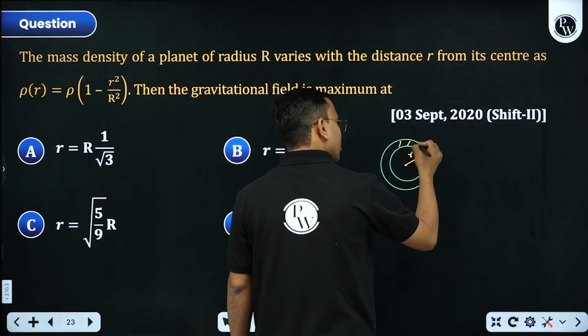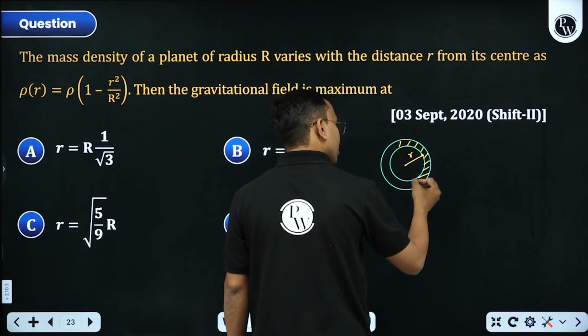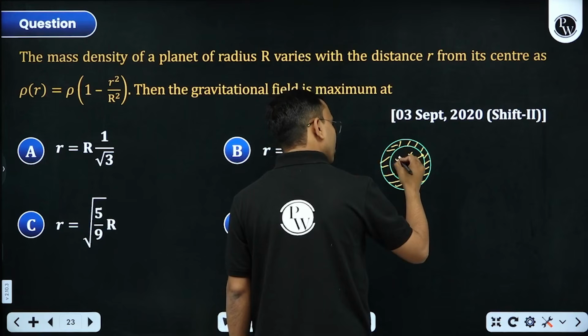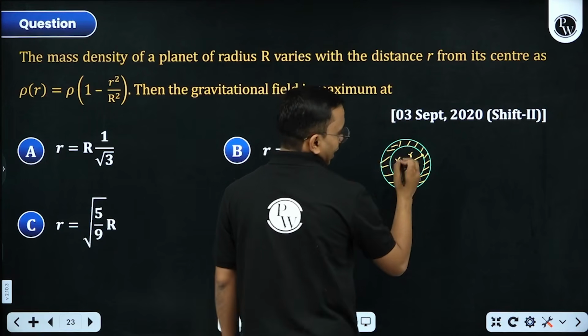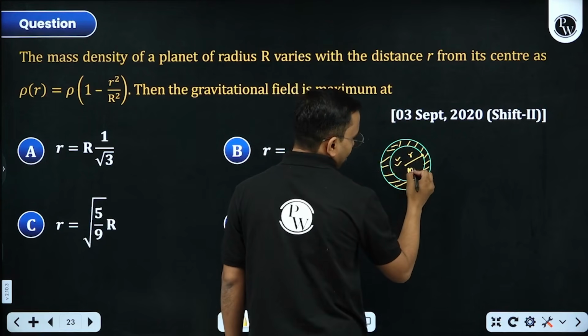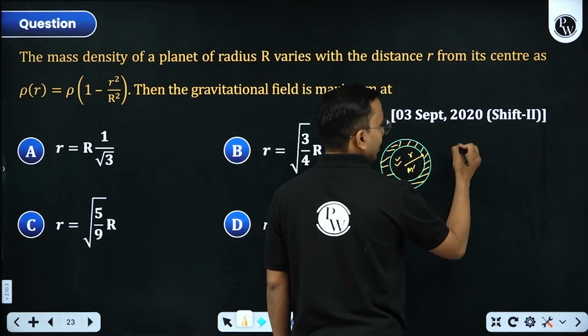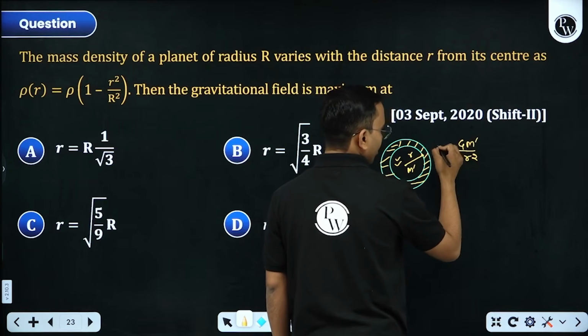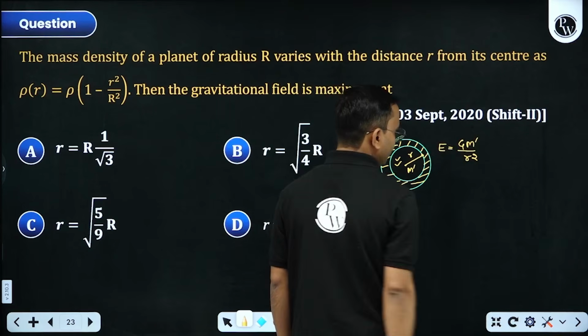The field due to this outer portion will be 0. I need to consider only the field due to this portion. If the mass of this portion is m dash, I will say the field there will be g m dash by r square. This we know.